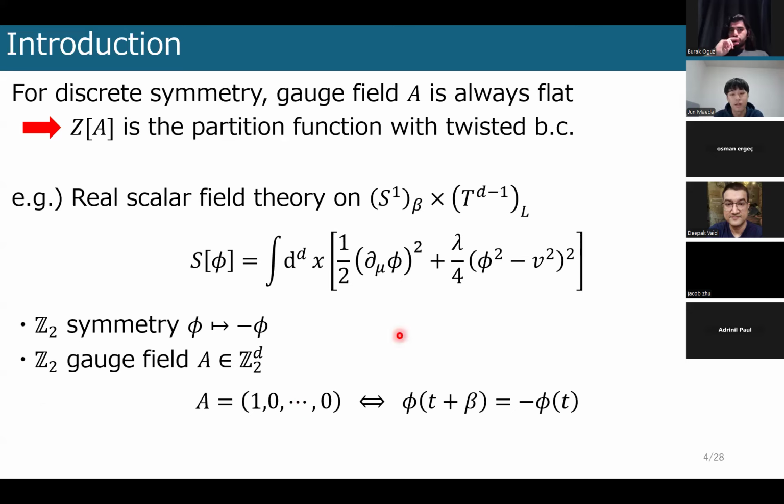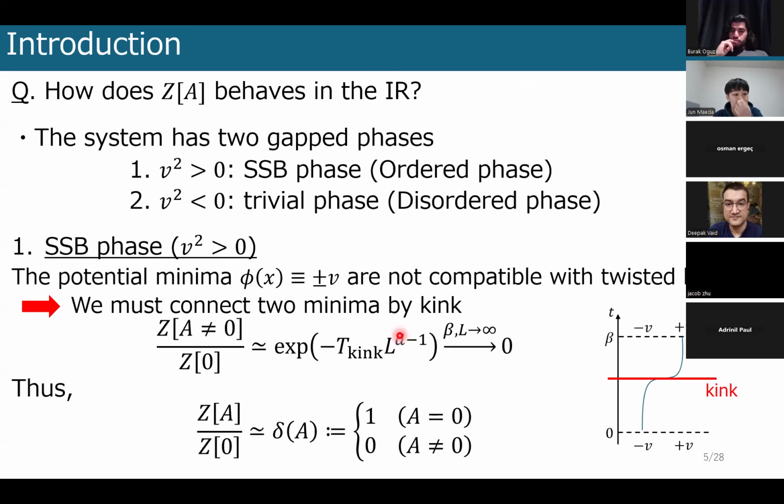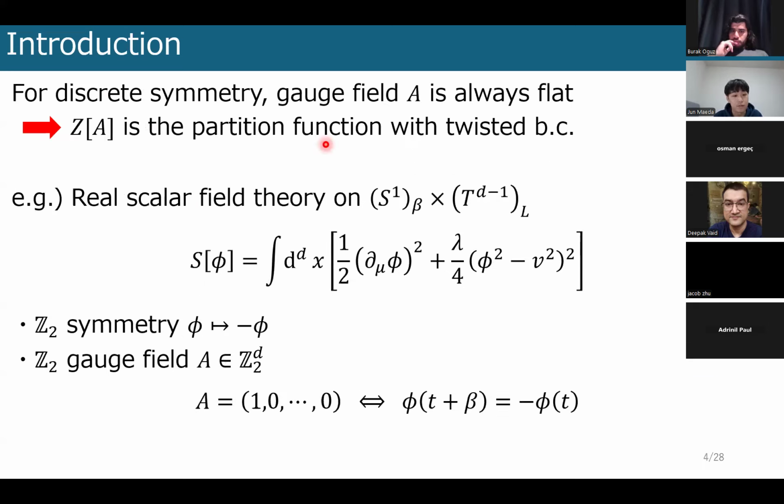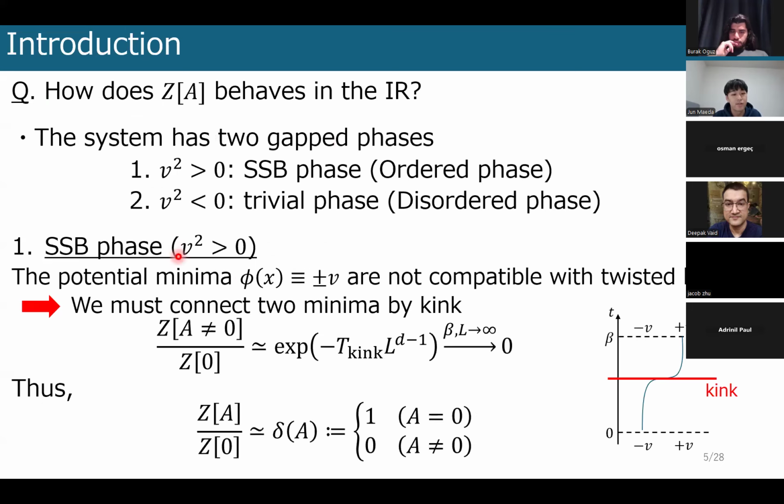Okay, so then we want to consider the following question. How does the twisted partition function behave in the IR? So let us consider this example again. This theory has two gapped phases.